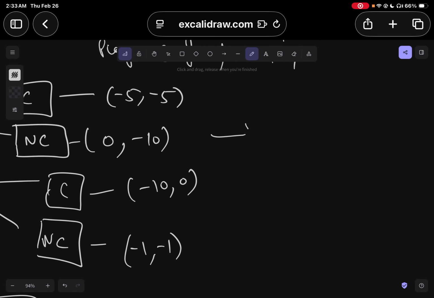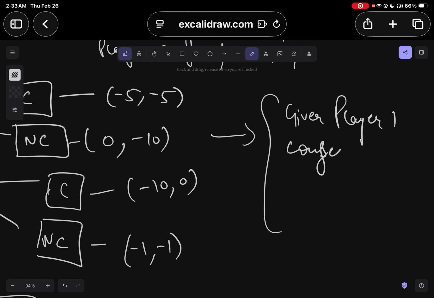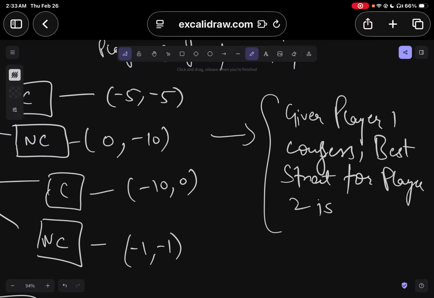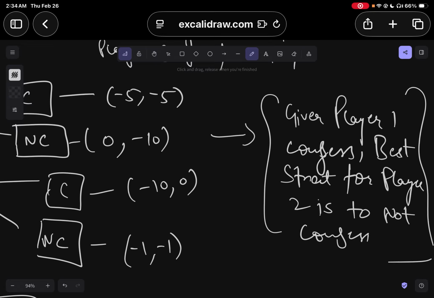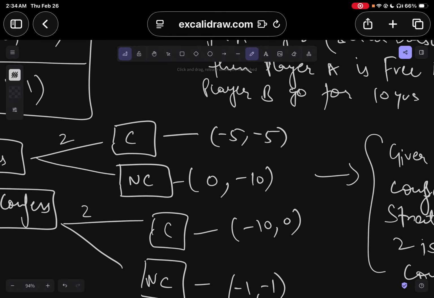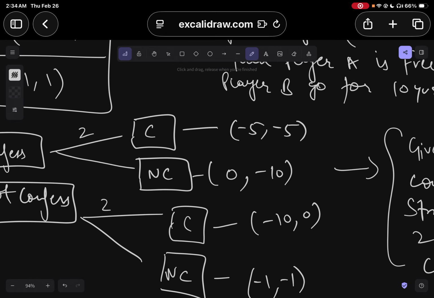Let me first write that given player 1 confesses, the best strategy for player 2 is to not confess, because then this would be the pattern.